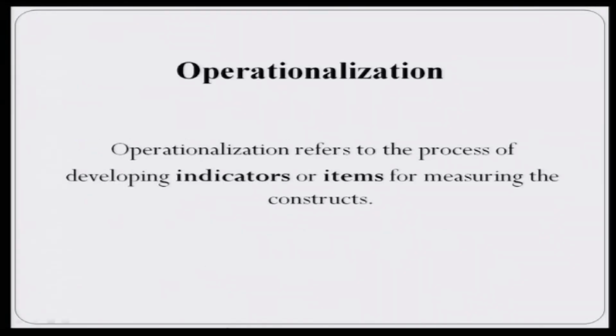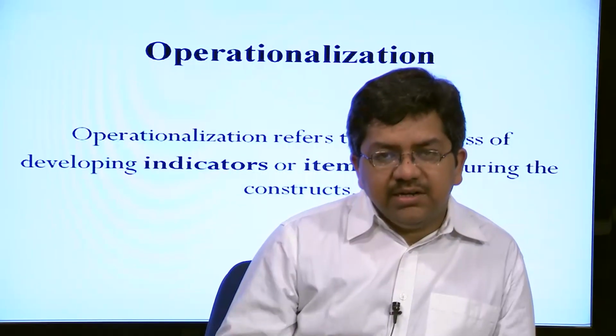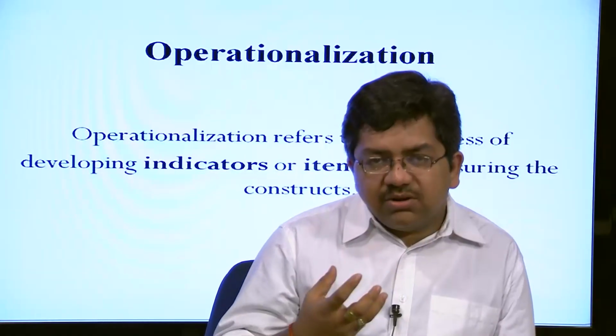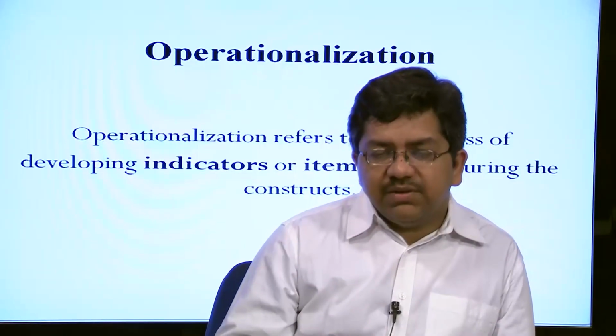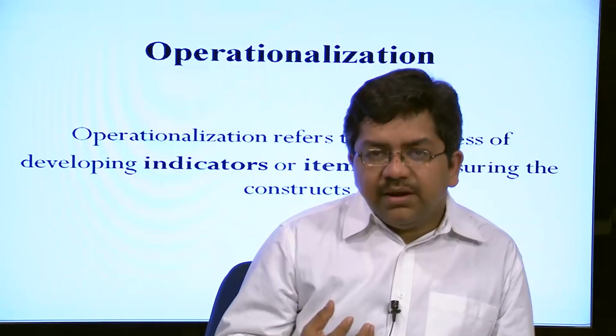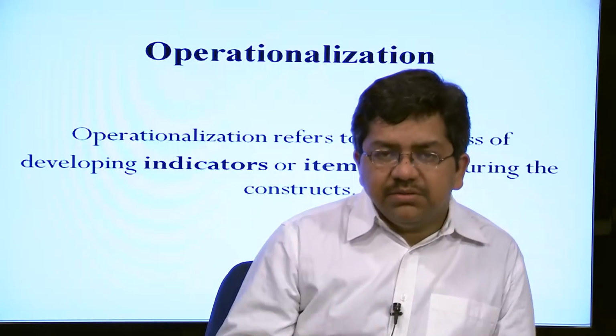You will see that you can have a certain definition of customer satisfaction, but to measure that customer satisfaction you need to have its operational definition, or you need to operationalize that construct, in the sense that you have to develop indicators or items for measuring the construct. As I have already told, in the concept of customer satisfaction, when a customer is satisfied, the customer will indicate certain kinds of properties.